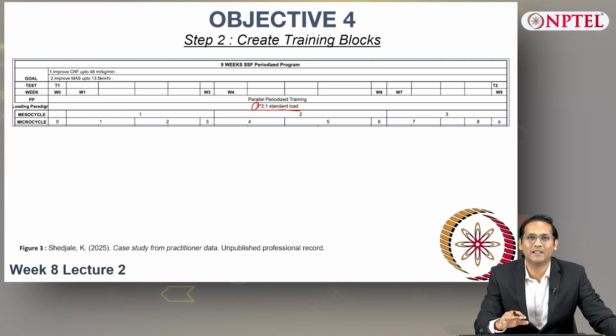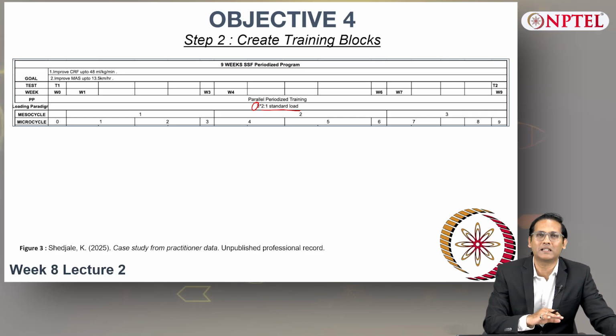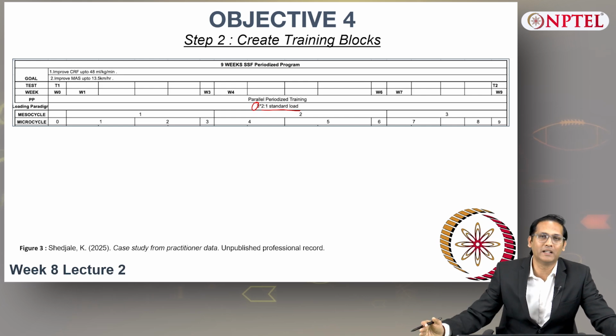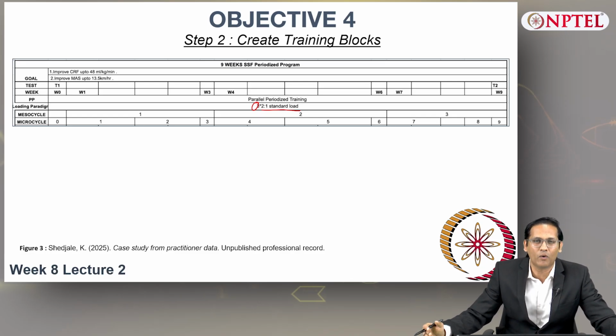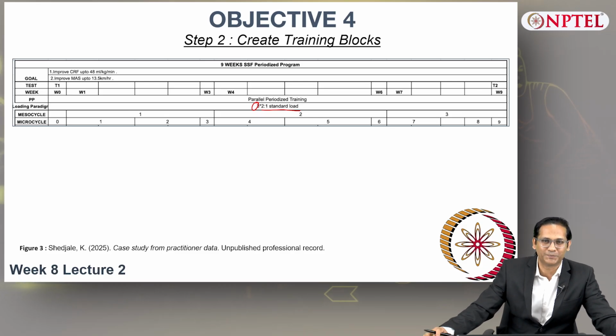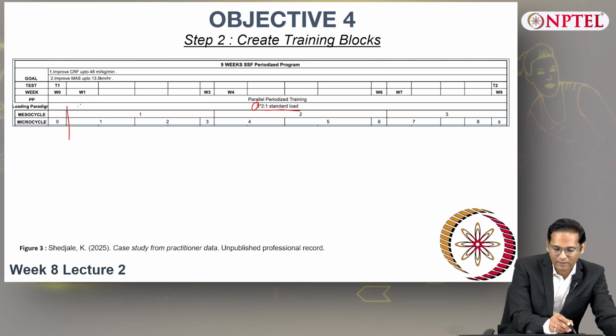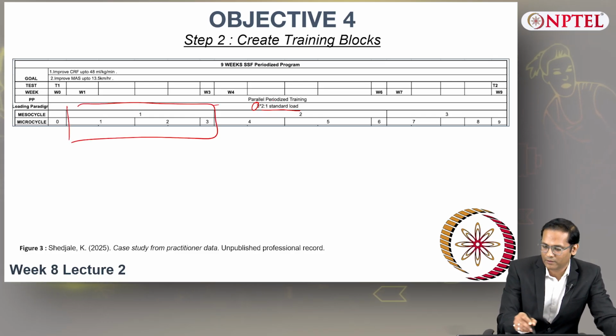And this is selected because the athlete has an experience of training cardio for more than 2 months, and the exerciser has the aerobic capacity of 43 ml per kg per minute, which is definitely above average, though less for the game that he has been playing. So now we have 3 cycles, 3 mesocycles.